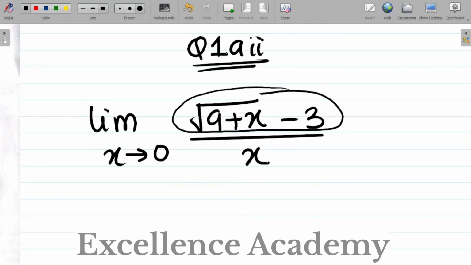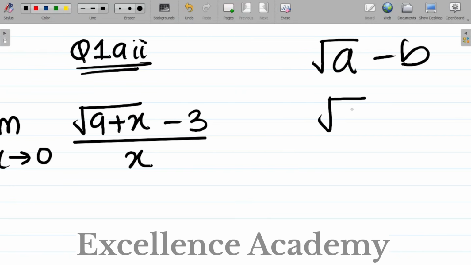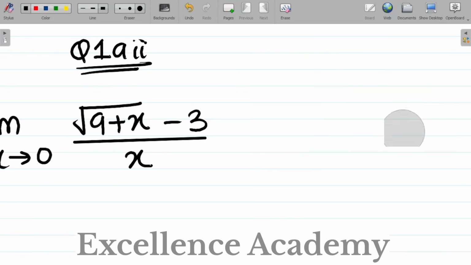Now, the concept of conjugate here is that if I have a square root of a, minus b, the conjugate is simply root a and then b. I will change the sign separating them to the opposite. So minus becomes plus, and the conjugate becomes root a plus b. That's all. All right. So how do we apply that concept here?